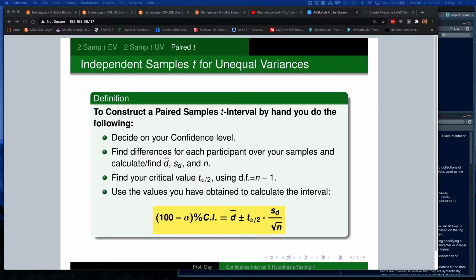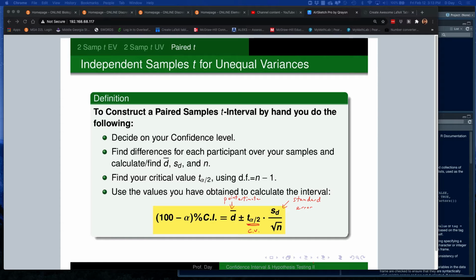So the confidence interval formula looks very similar to a one sample variety. We take our point estimate, which in this case is d bar, our t critical value, and then our standard error, and we take d bar plus or minus the critical value times the standard error, and we get the endpoints of our confidence interval, where our population mean value for the differences would possibly lie.